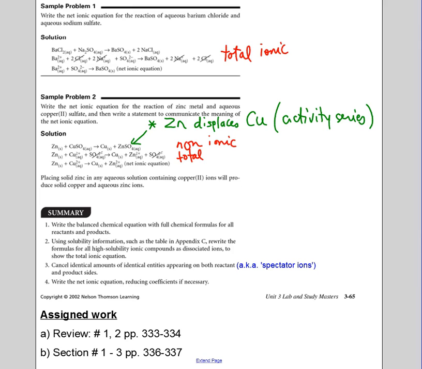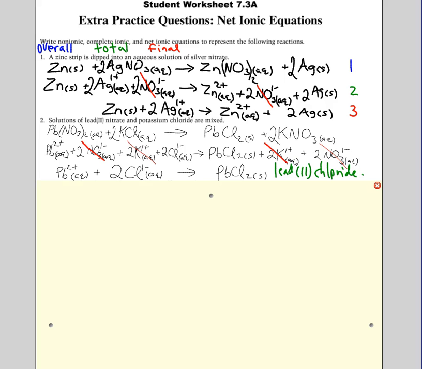The assigned work here is a combination of some review. If you need a little more practice interpreting the solubility chart or predicting precipitate formation, you can try numbers 1 and 2, pages 333 to 334. If you're pretty comfortable with that, just look at finishing up the student worksheet. I haven't done numbers 3 and 4, but you'll be able to complete those as your note.